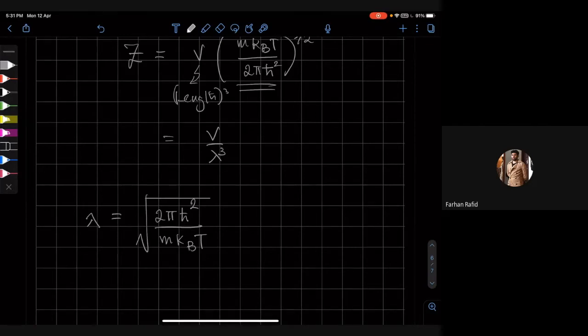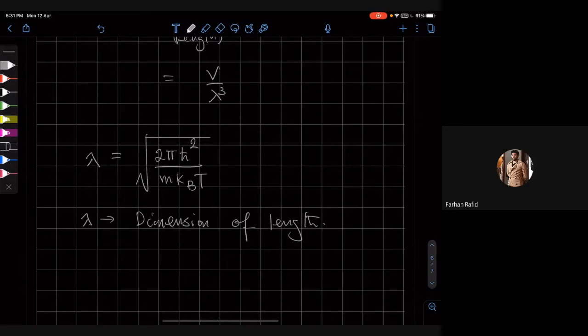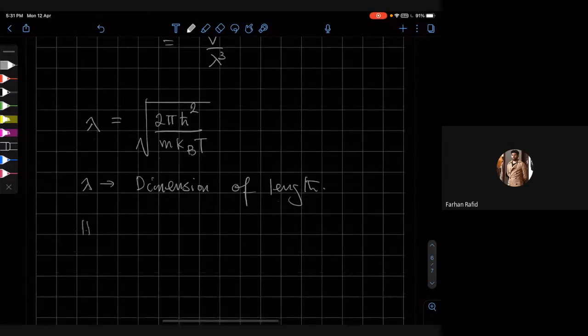Lambda has dimensions of length, and it's called the thermal de Broglie wavelength.